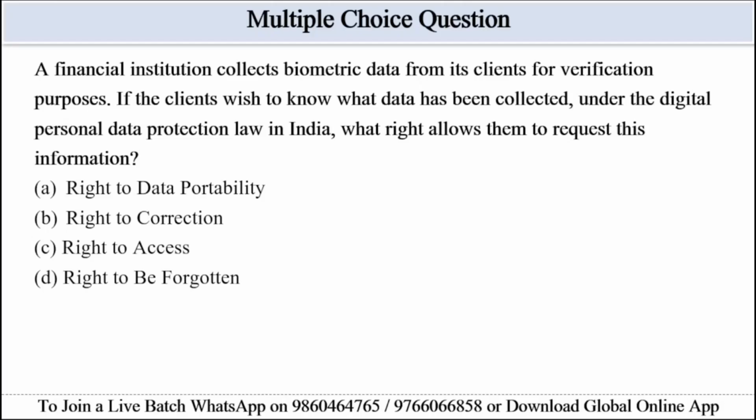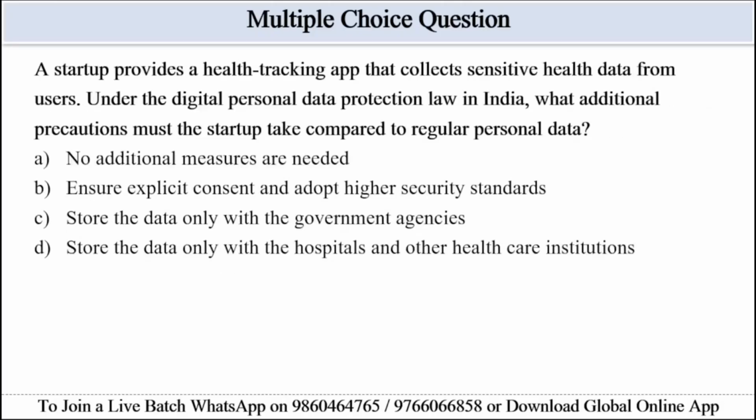Let's move to the next question. A startup provides a health tracking app that collects sensitive health data from users under the Digital Personal Data Protection Law in India. What additional precautions must the startup take compared to regular personal data? So this question checks your understanding of the heightened protection required for sensitive data compared to regular personal data.